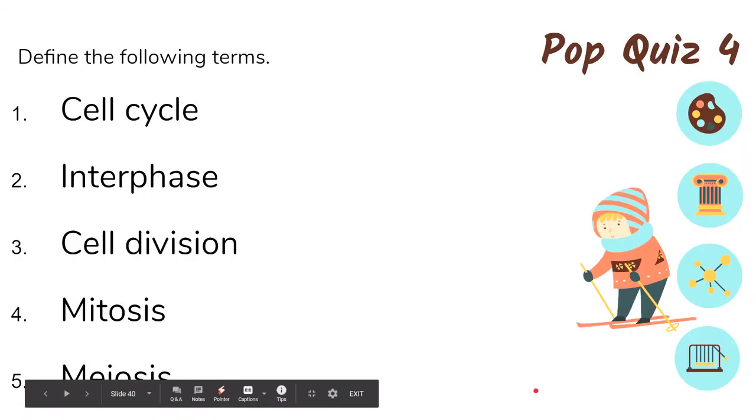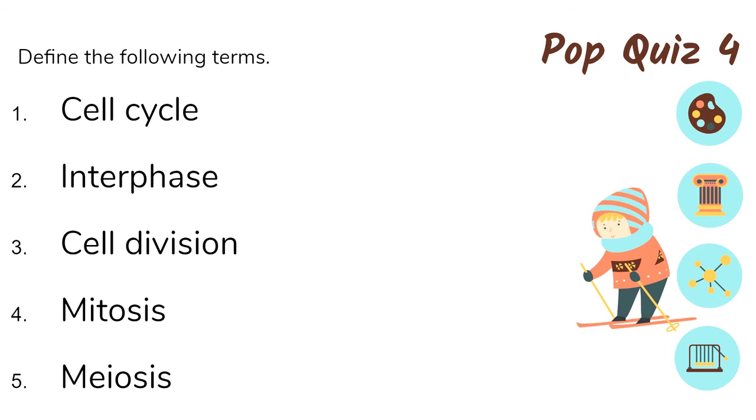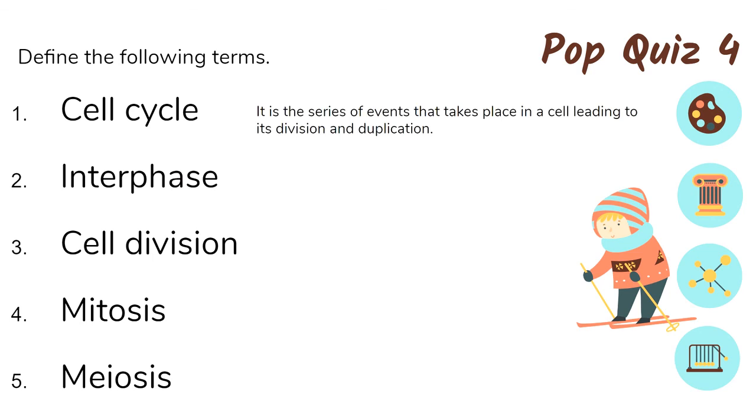So this is just a simple pop quiz. So let's try to define the following terms. Very easy. So cell cycle, we define that as the series of events that take place in a cell leading to its division and duplication. So in prokaryote, that's just binary fission, while for eukaryote, it involves interphase and cell division.